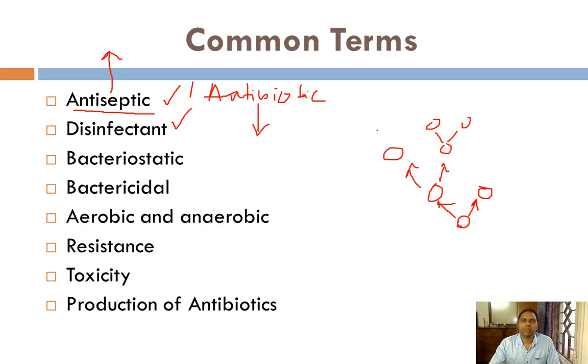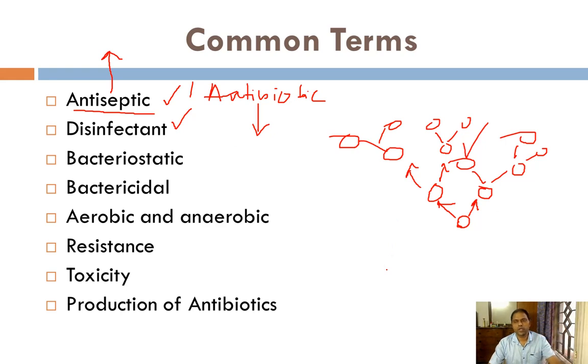So like this, by binary fission, they grow. Each bacteria gives two more bacteria, just copying. Antiseptics can stop this growth. They don't let a new bacteria form.